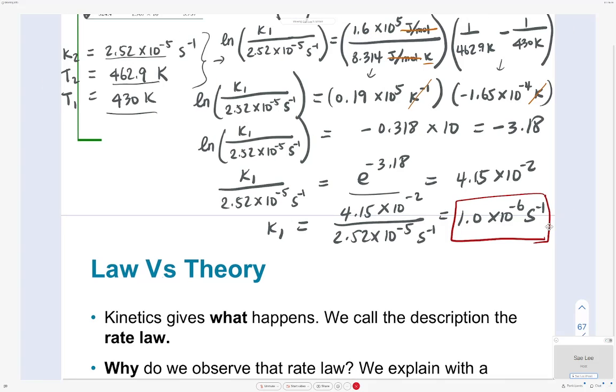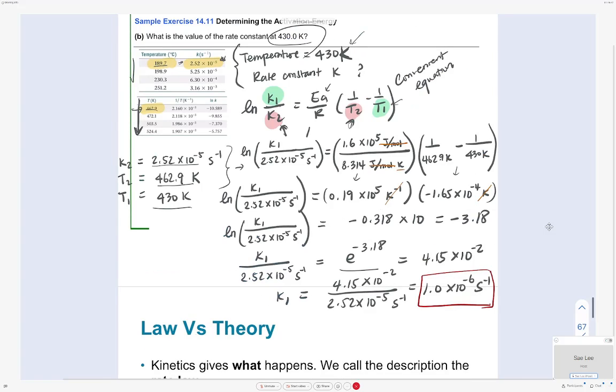Okay, so again, when you know K2, you know T2, and when you already know T1, you can use this equation to find an unknown K1, okay? Or if you know all these three values and you're required to find this temperature, you can also use this equation to find this T1 as well.